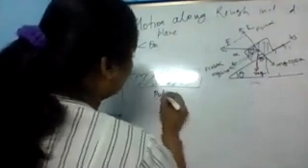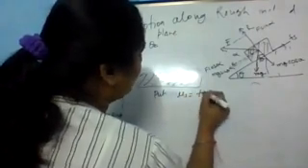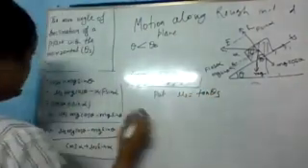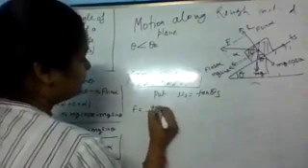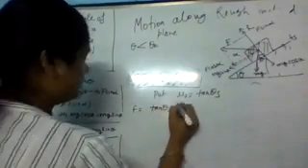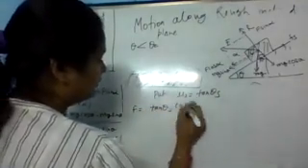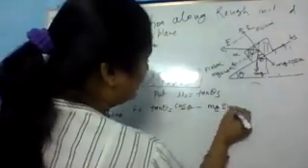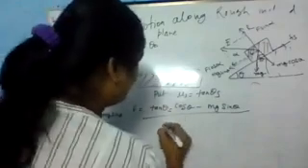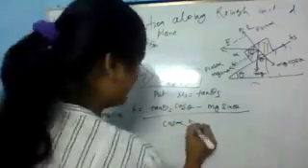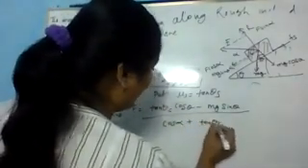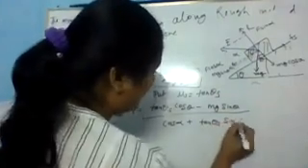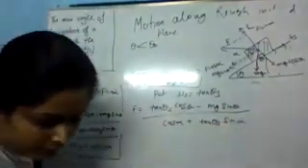Put mu s equals tan theta s. So this becomes f equals tan theta s cos theta minus mg sin theta upon cos alpha plus tan theta s, and this is your sin alpha.